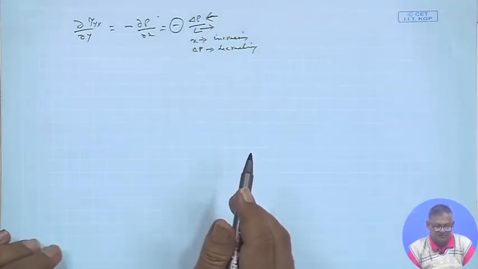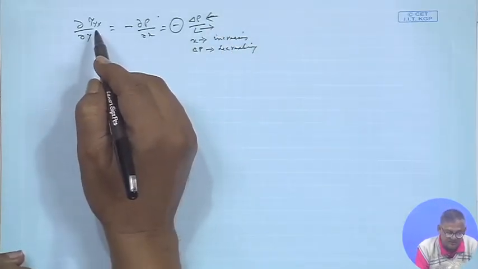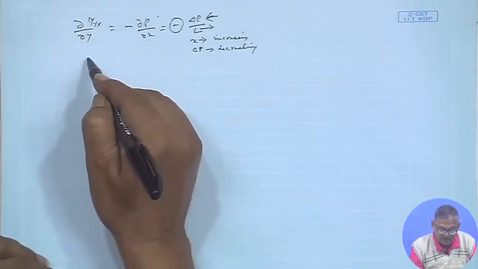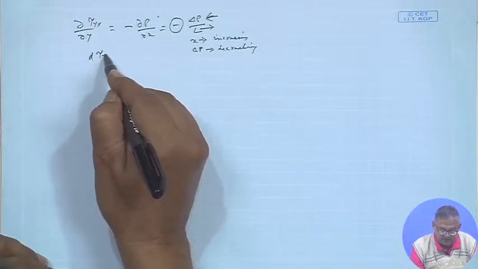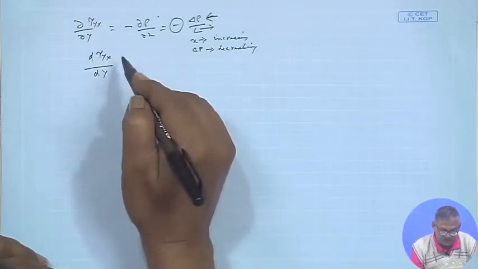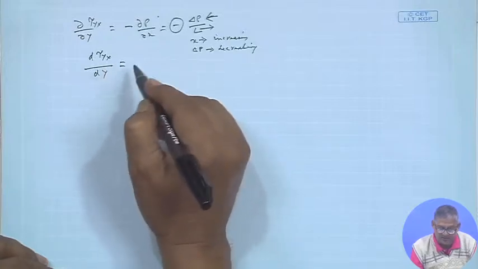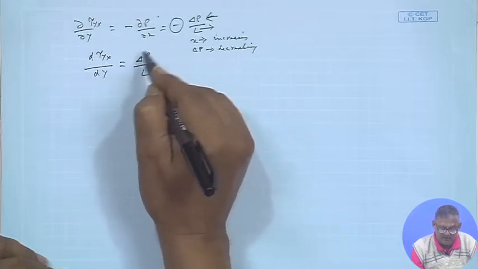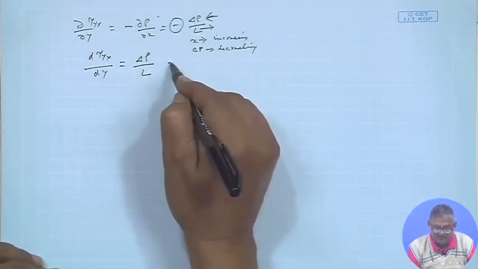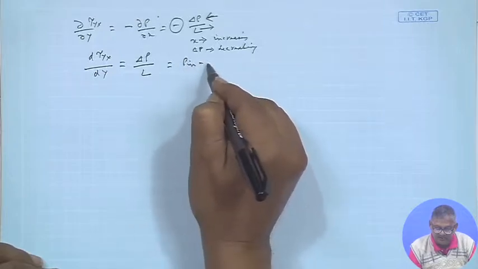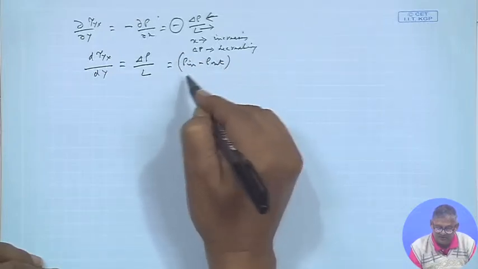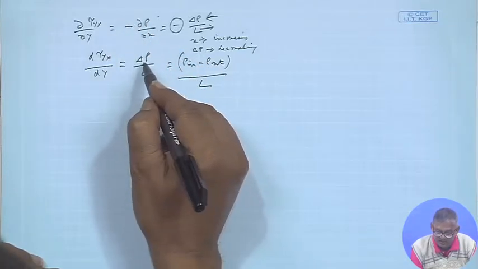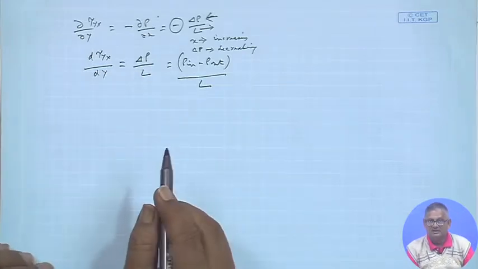So, del tau y x del y is equal to delta p over L, where delta p is p in minus p out, over L. So, this negative sign is taken into delta p.